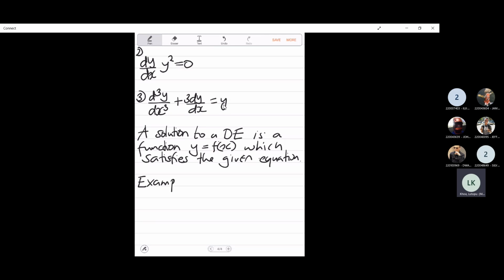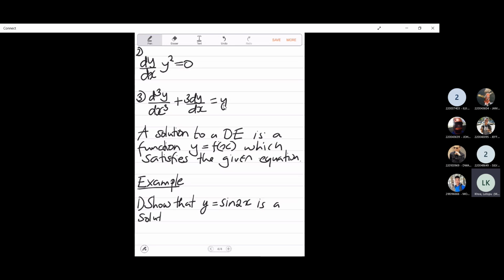So again, we did this before. Even though at that time we hadn't talked about differential equations, we did examples of this. So number 1, it says show that y is equal to sine 2x is a solution to d2y dx2 is equal to minus 4y.